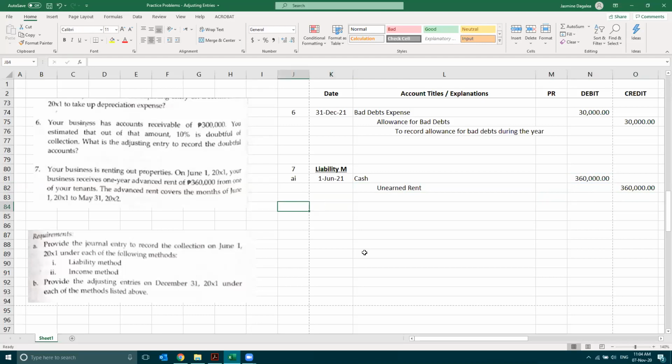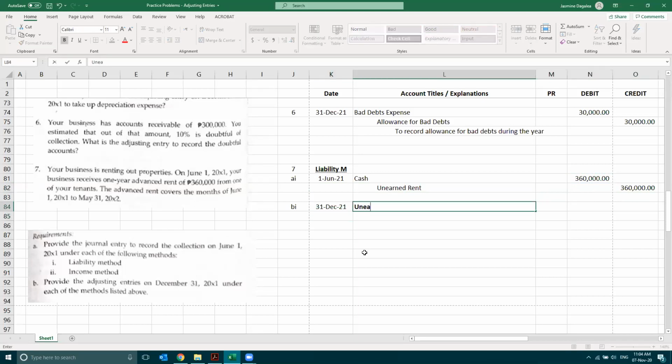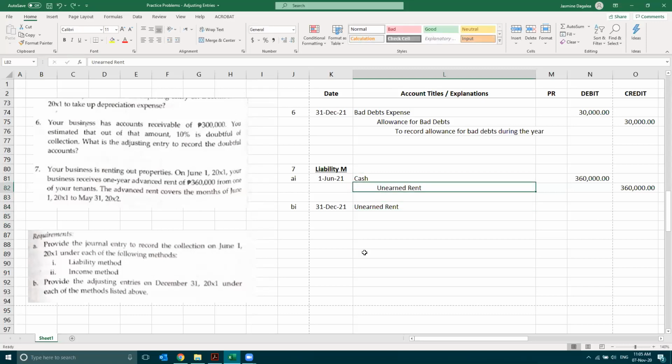And then, ano yung adjusting entry nyo on December 31? Debit unearned rent, credit rent income.